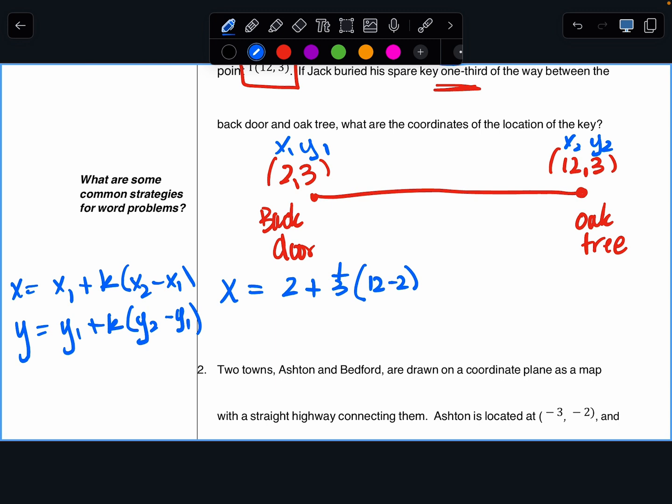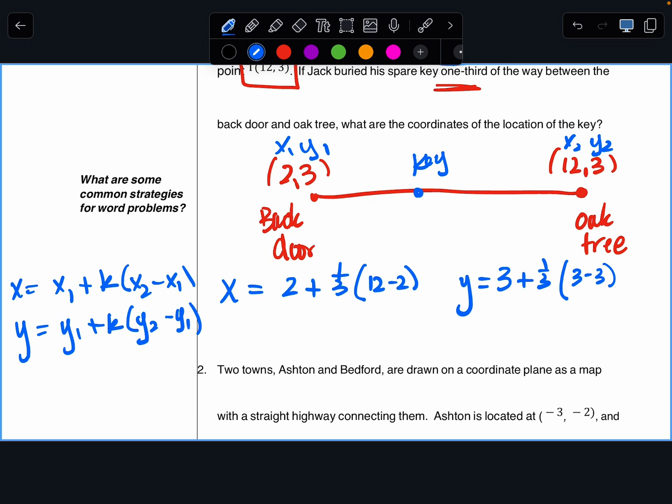So then to find y, our starting y is 3 plus, I don't know why I keep writing k, 1/3 times 3 minus 3. So that's going to give us some point where our key is, just by interpreting the information that I need.